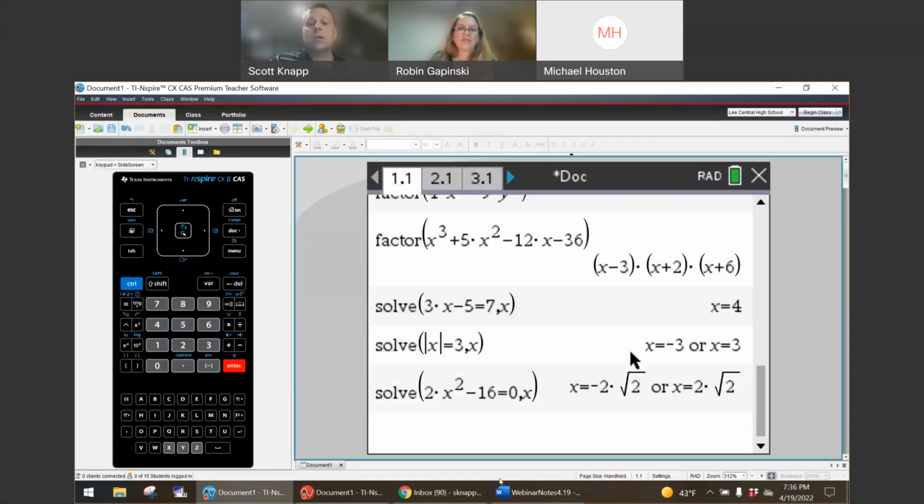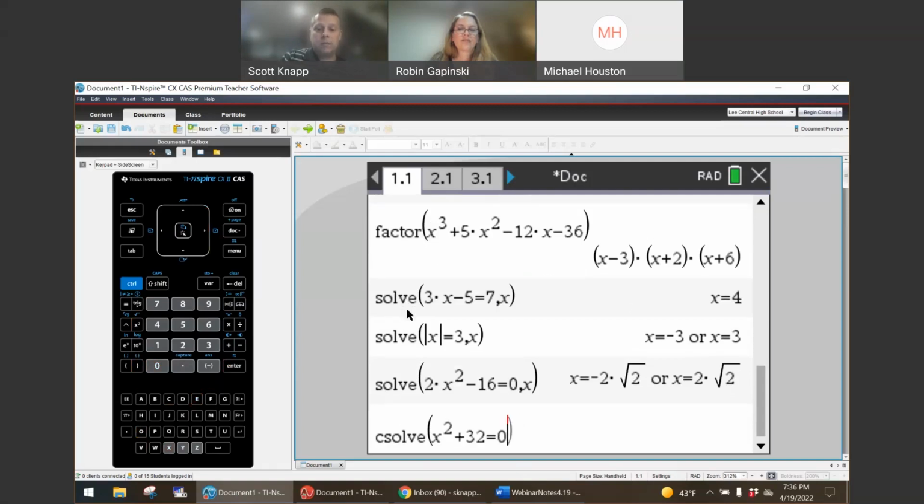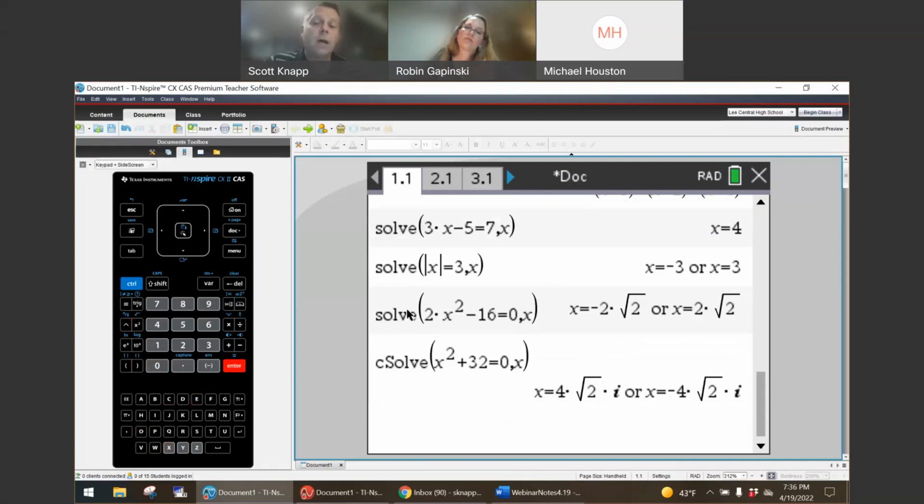And it can also solve over complex numbers. If you just type a C, or there's actually a complex solve tool, I won't go and find it right now, but if you type a C before and we ask it to solve something like x squared plus 32 equals 0, it will solve over the complex numbers, giving non-real and imaginary parts to those numbers as well.